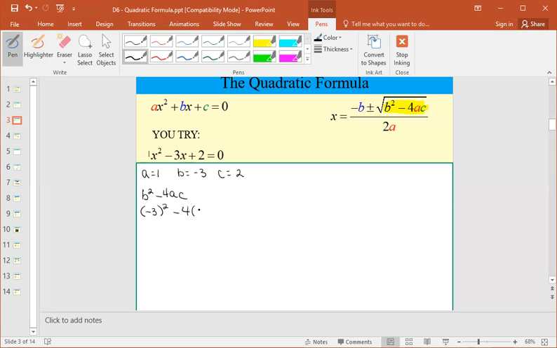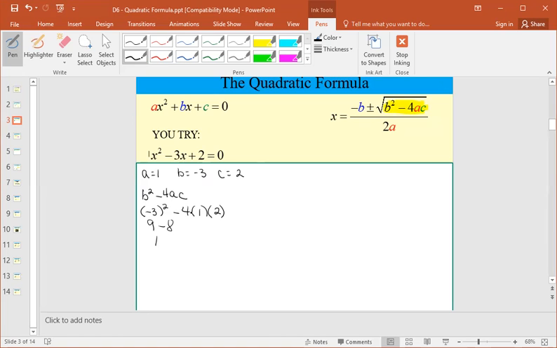Our a is 1, and our c is 2. At this point, you could go straight into a calculator. Remember that you will be using the Desmos calculator. So 9 minus 8 gives me 1. You could just put this right in a calculator and get 1.